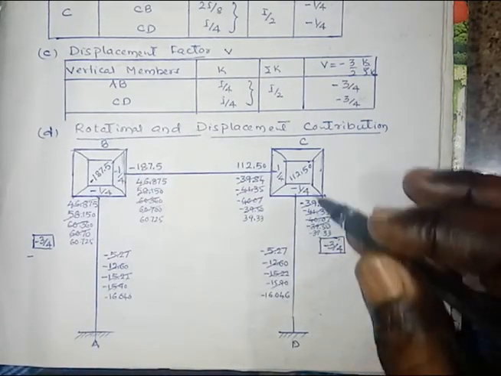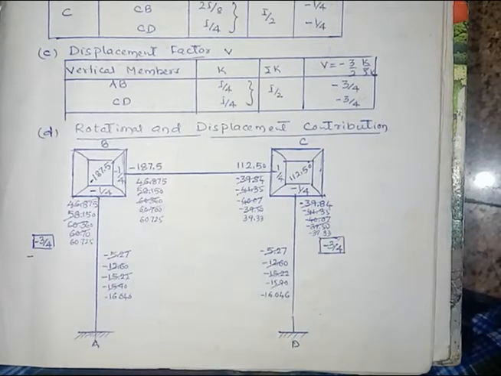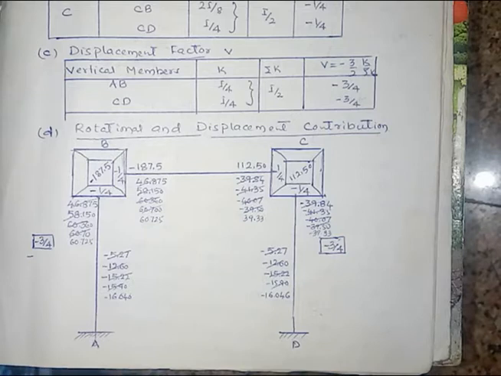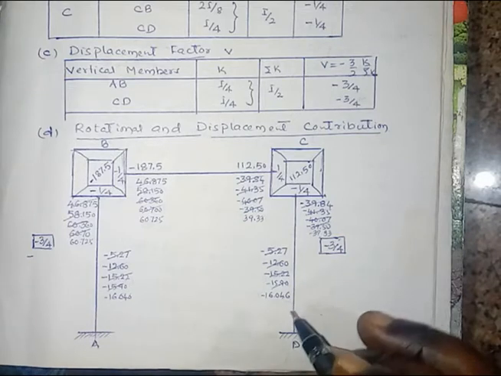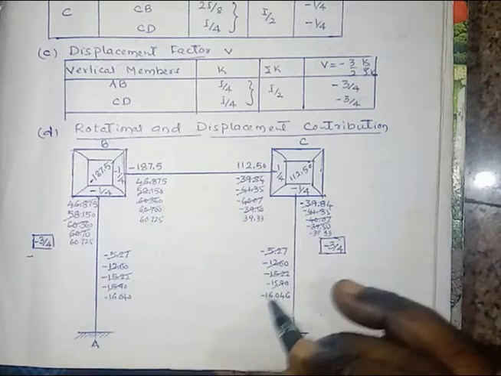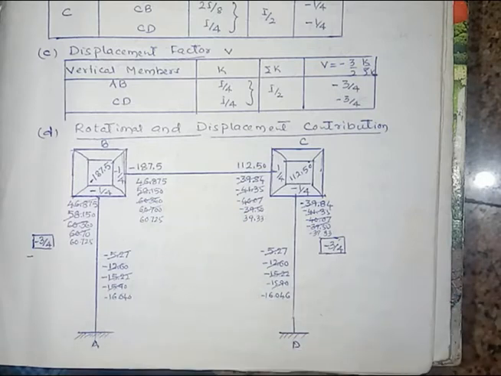Similarly for the vertical member DC it is also minus 15.90. When you calculate the next cycle value, the previous cycle value gets cancelled. Hence I have shown the mark by cancelling the previous cycle value.